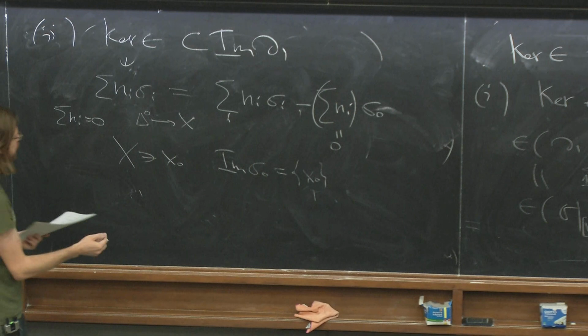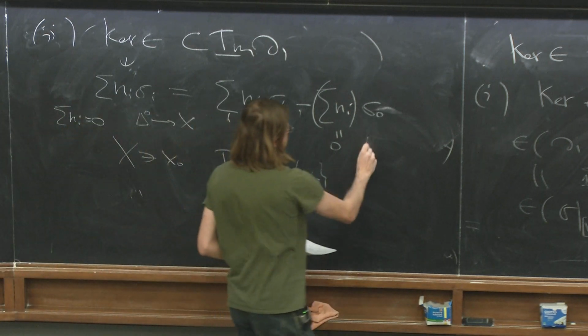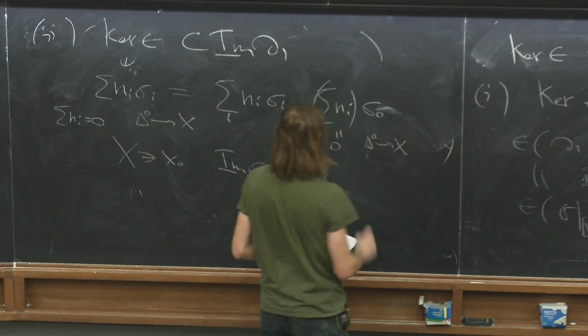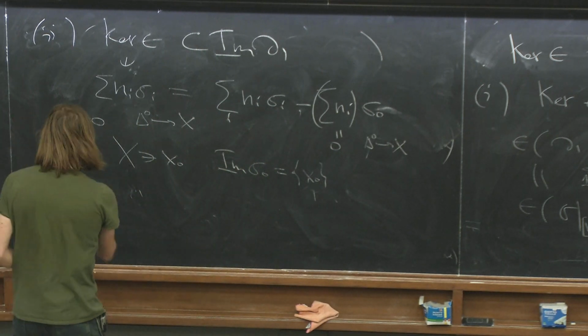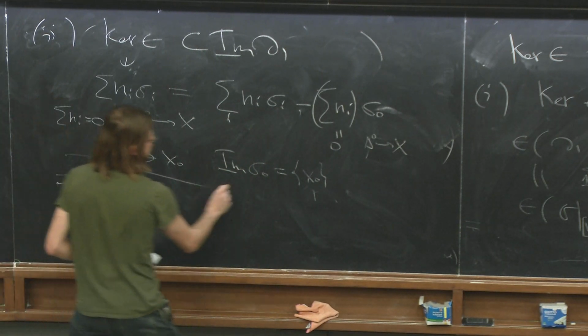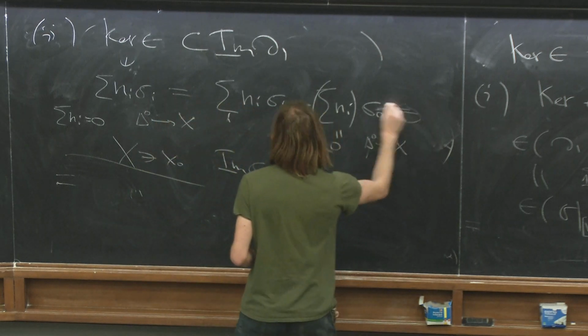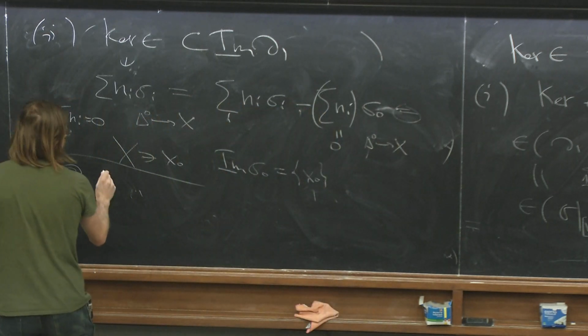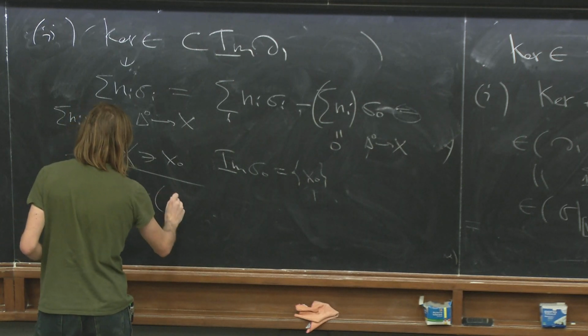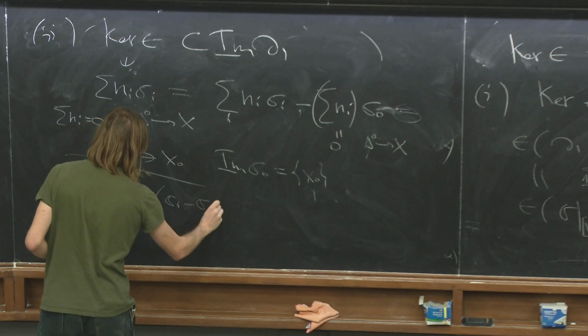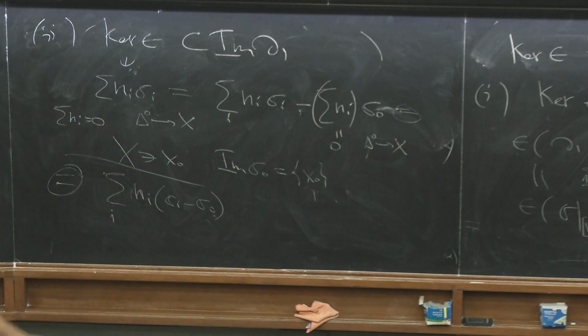So sigma 0 is again some 0 simplex, completely determined by its image. But now we can rewrite this as a sum over i of ni times (sigma i minus sigma 0).